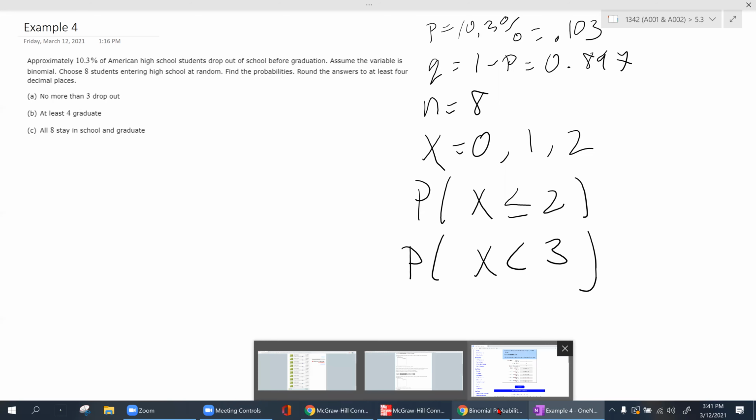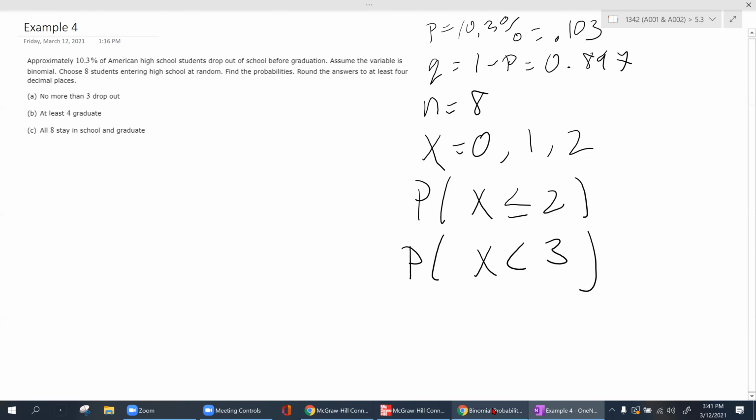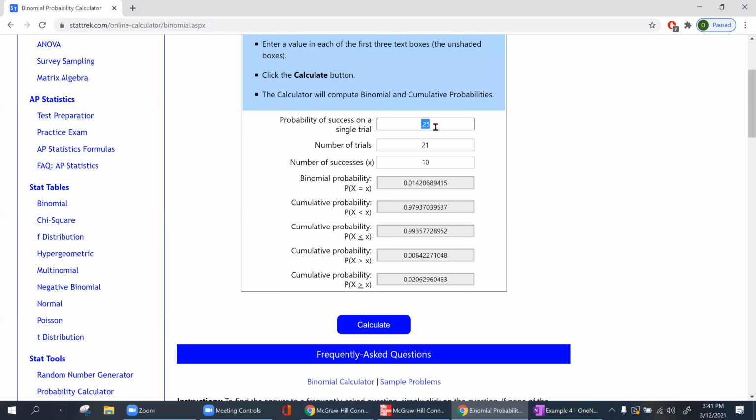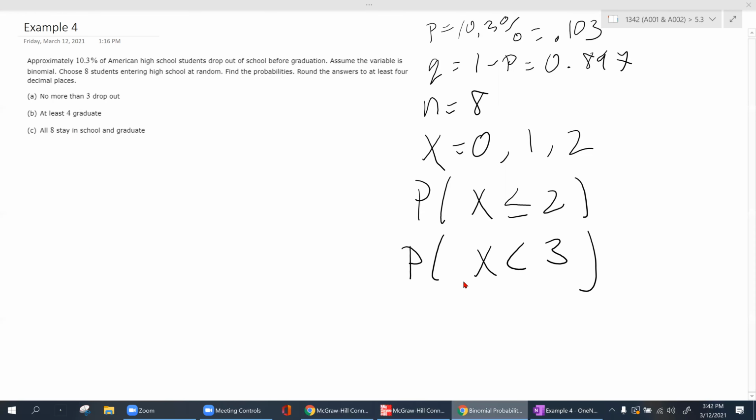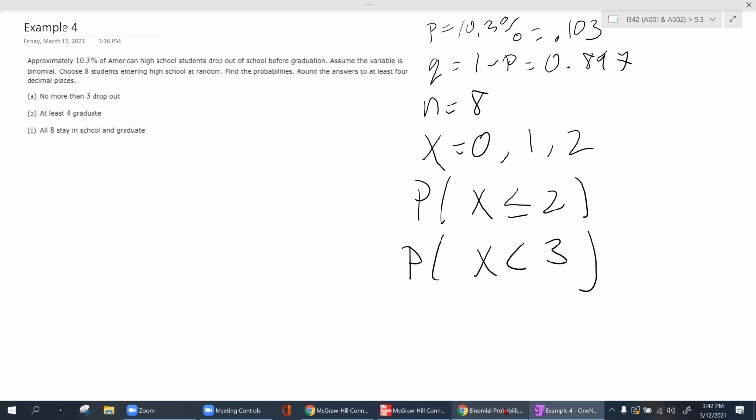So let's get our calculator ready. We said that probability was 0.103. The number of trials was 8. What did I say? Yeah, 8. And the number of successes, the one I'm locking in on, let's do 2. We could do 3 or 2 as long as you read the correct box.